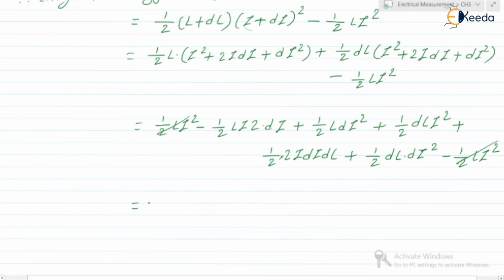Now if you check, di is the change in the current. For any measuring instrument, the change in the current corresponding to the time interval dt is very small. Also the change in the inductance will be very small, so we can neglect the higher order terms.